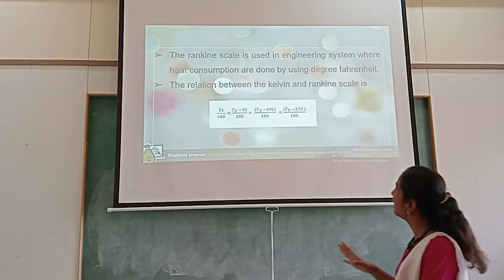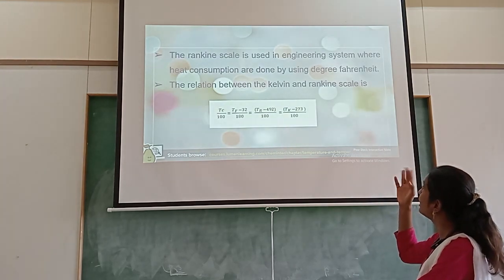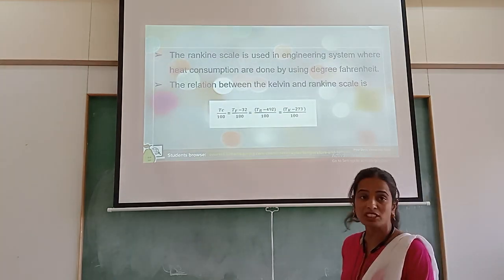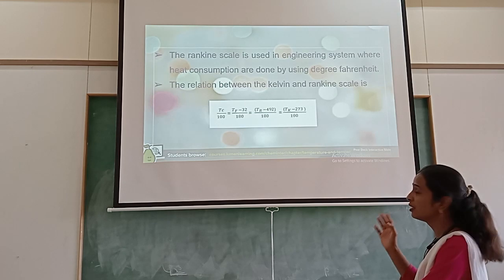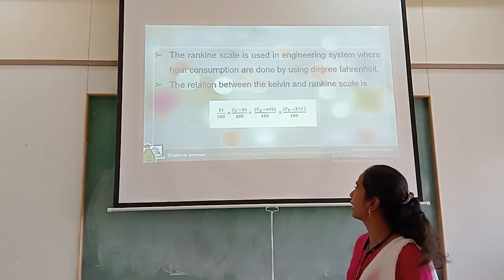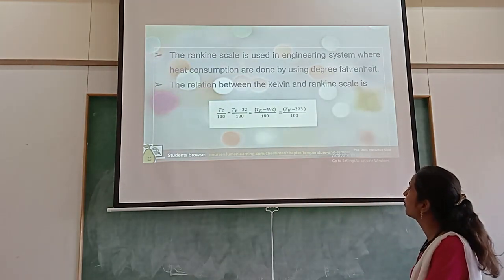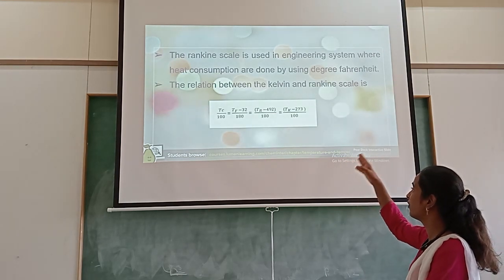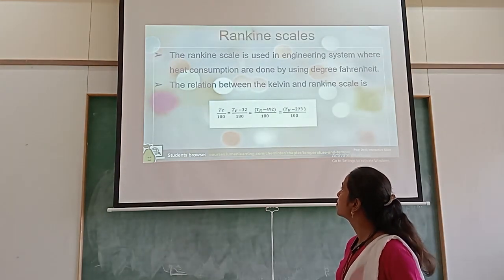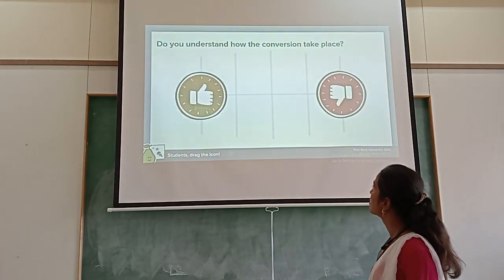The Rankine scale is generally used in engineering systems where the heat consumption is very high, so it uses degrees Fahrenheit. These are again the relations between Rankine, degrees centigrade, degrees Kelvin and degrees Reaumur.